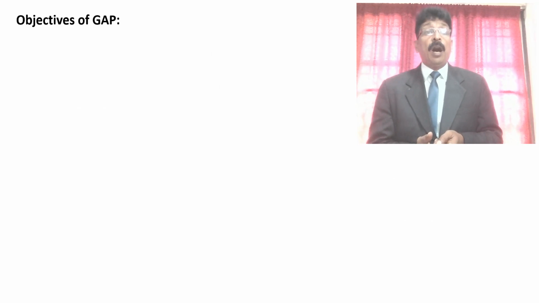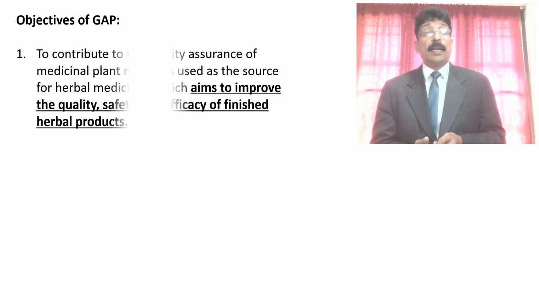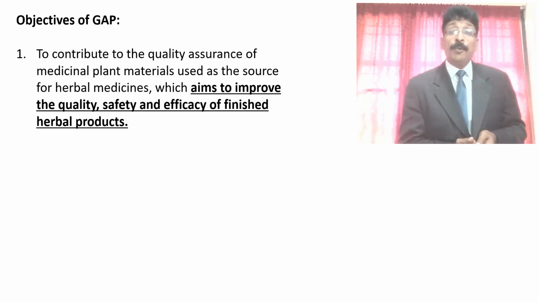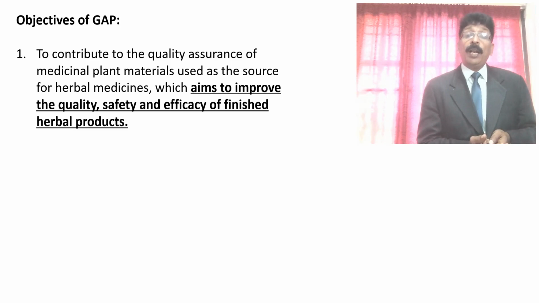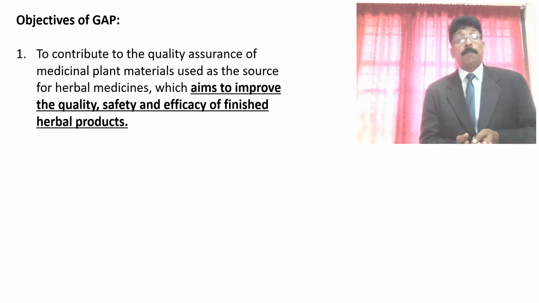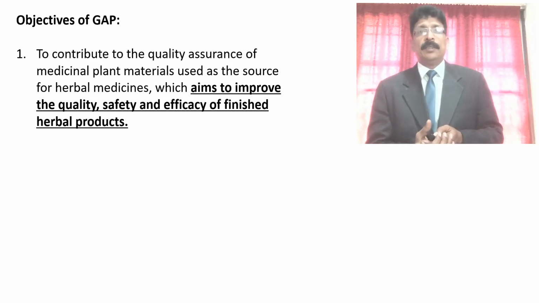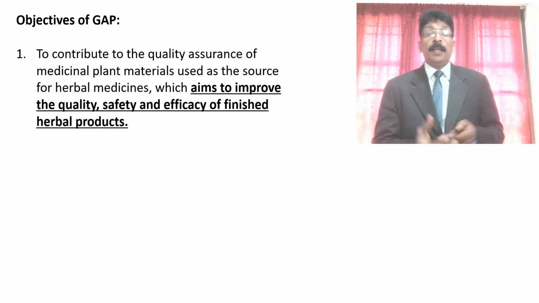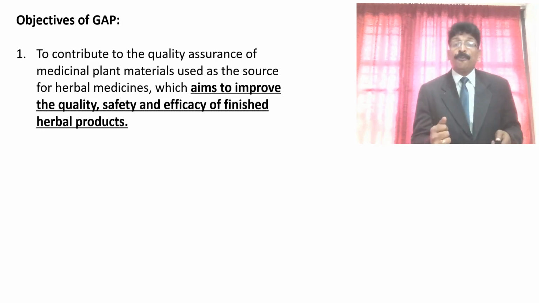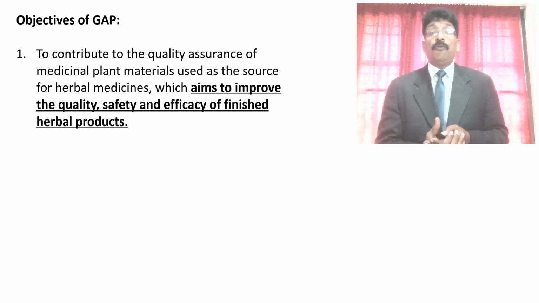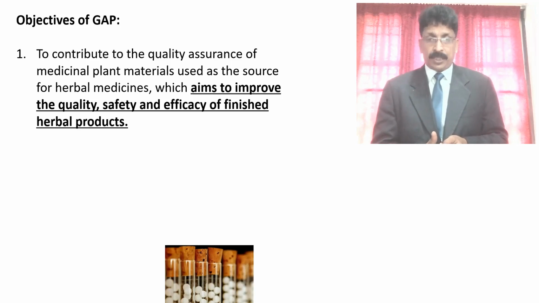The objective of good agriculture practice is to contribute to the quality assurance of medicinal plant materials used as the source of herbal medicines, which aims to improve the quality, safety, and efficacy of finished herbal products.